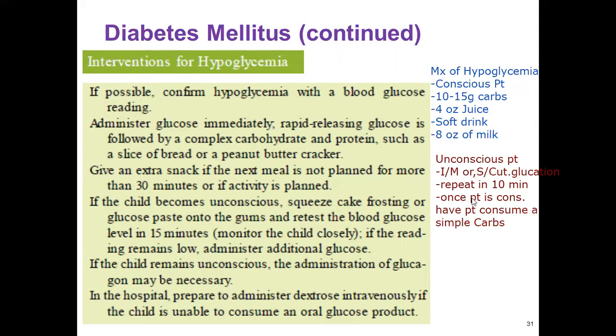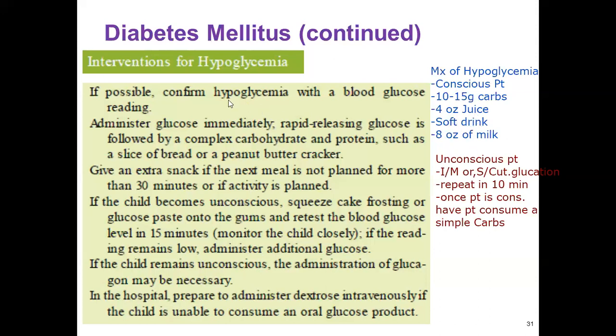Once the patient is conscious and can swallow safely, have the patient consume a simple carbohydrate. If the patient is conscious and able to take orally, it is good to consume 10 to 15 grams of carbohydrate, or 4 ounces of juice, soft drink, or 8 ounces of milk. And we recheck the blood glucose frequently or follow with a complex carbohydrate.